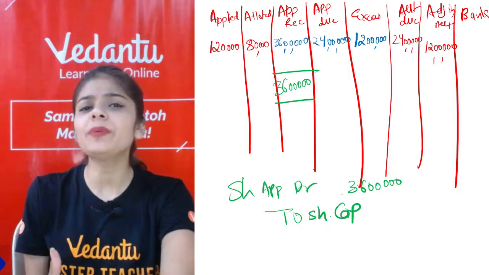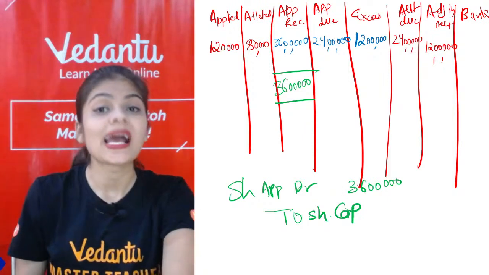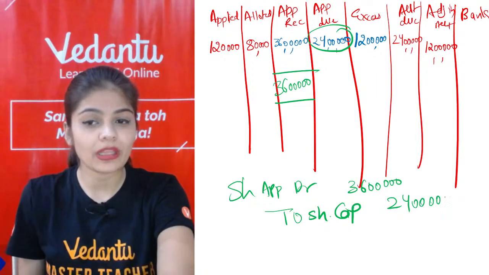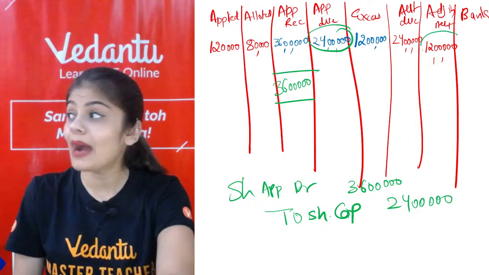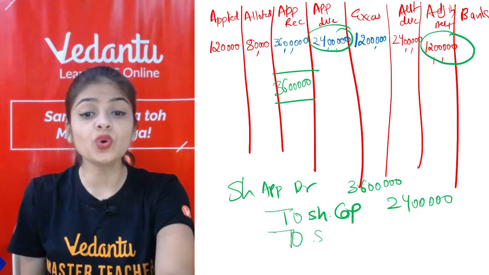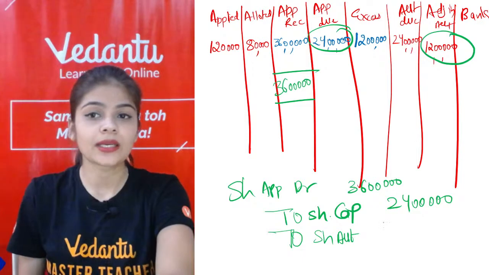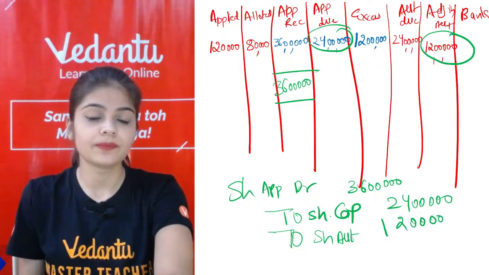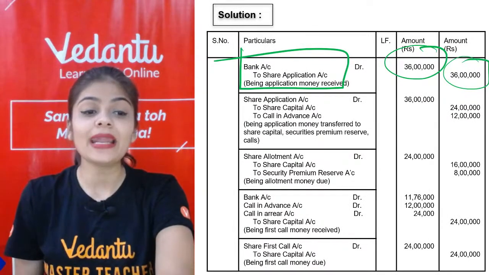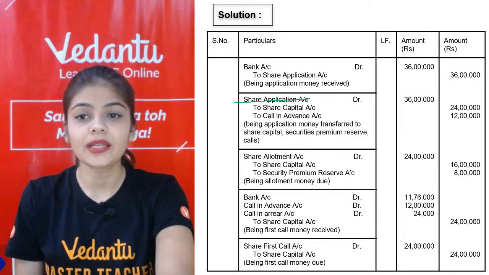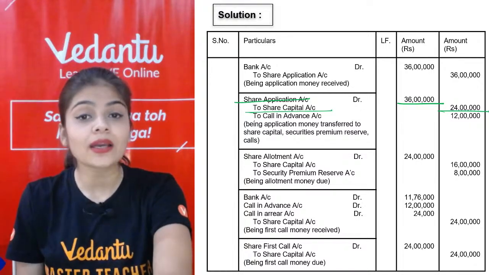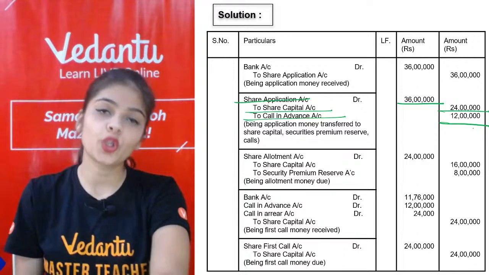How much amount will be transferred to share capital? Application money due, which is 24 lakh, and the amount adjusted in allotment is 12 lakh. So this will be your second journal entry: share application debit 36 lakh to share capital 24 lakh, to calls in advance 12 lakh.